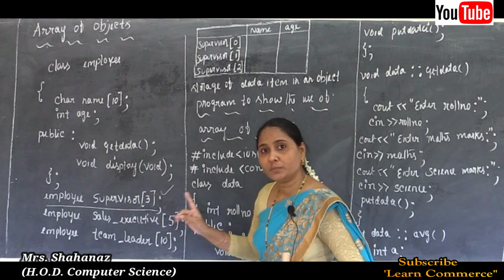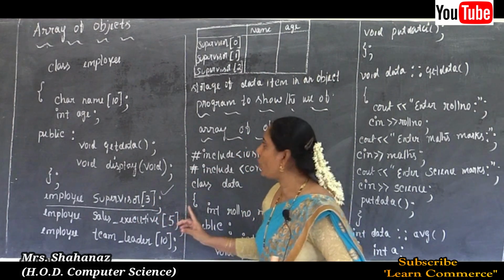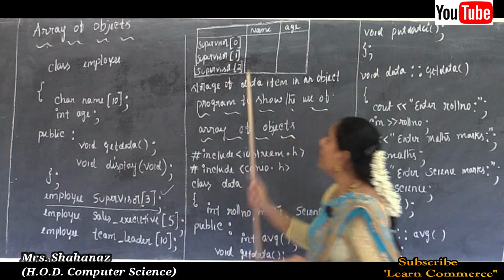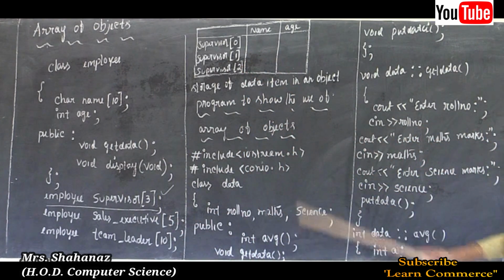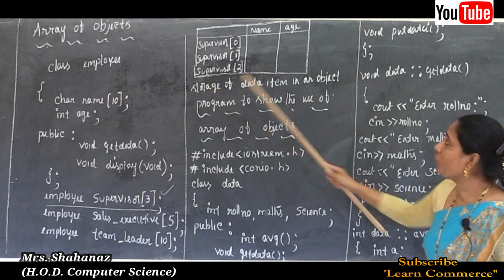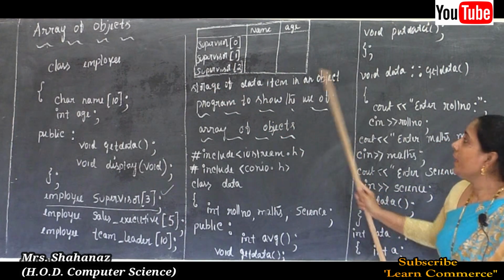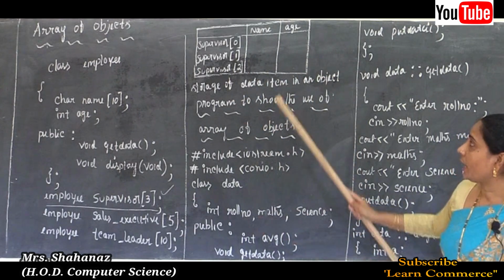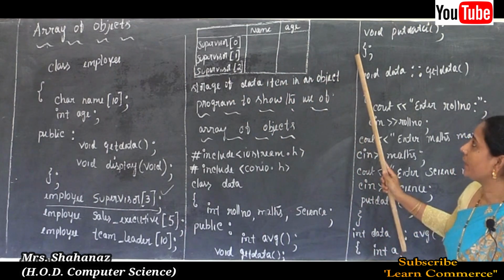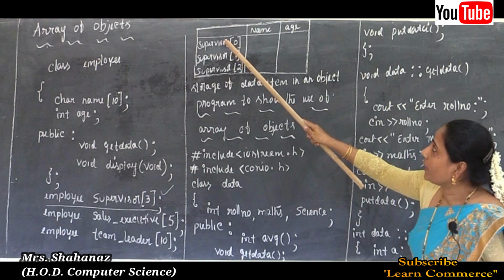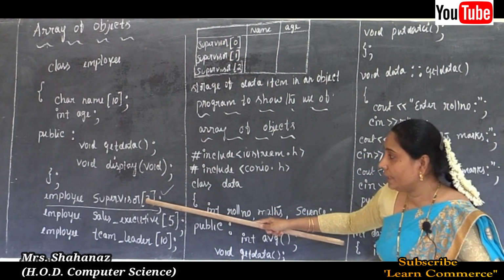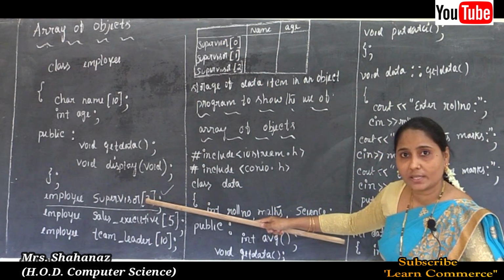The collection of objects is called an array of objects. Now this diagram shows the storage of data items in an object array. Like here, we already declared employee supervisor of 3.